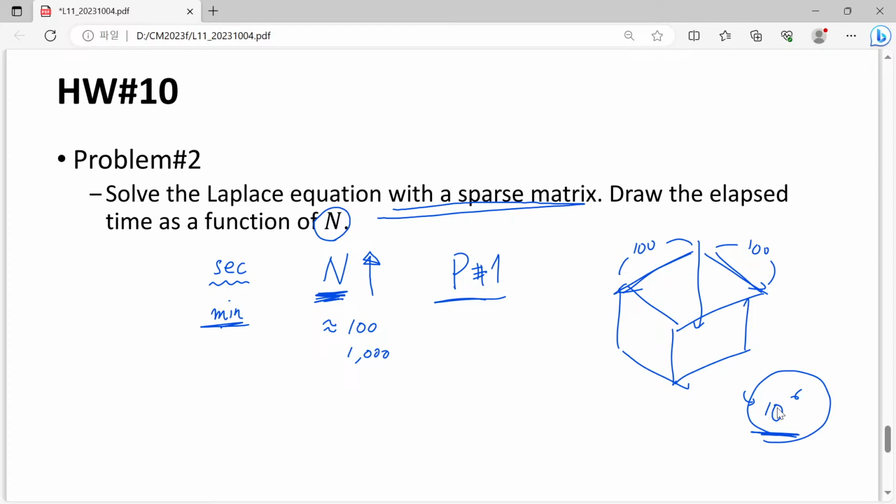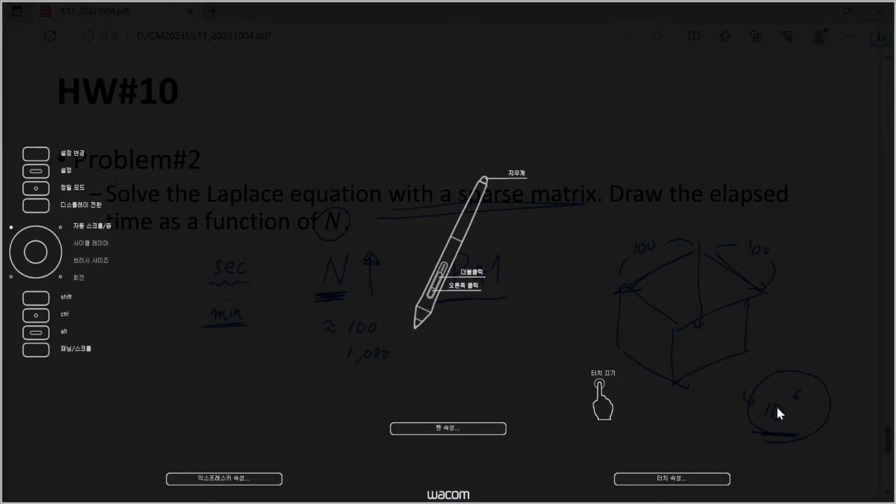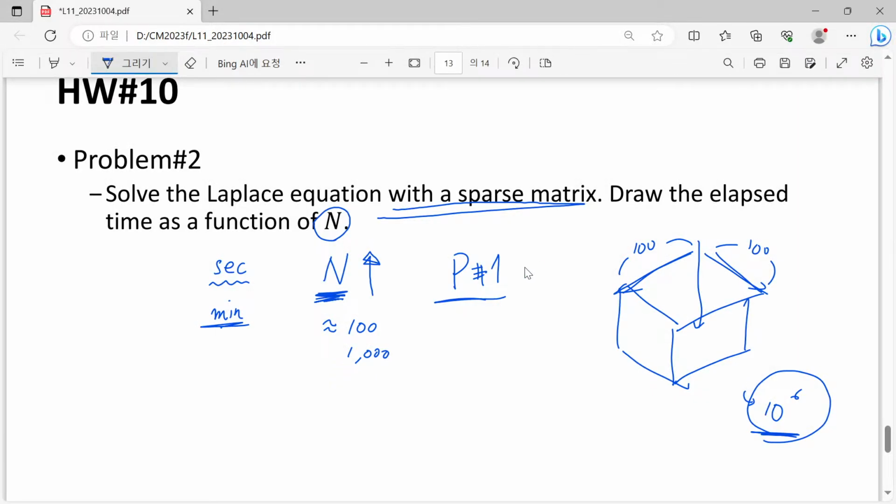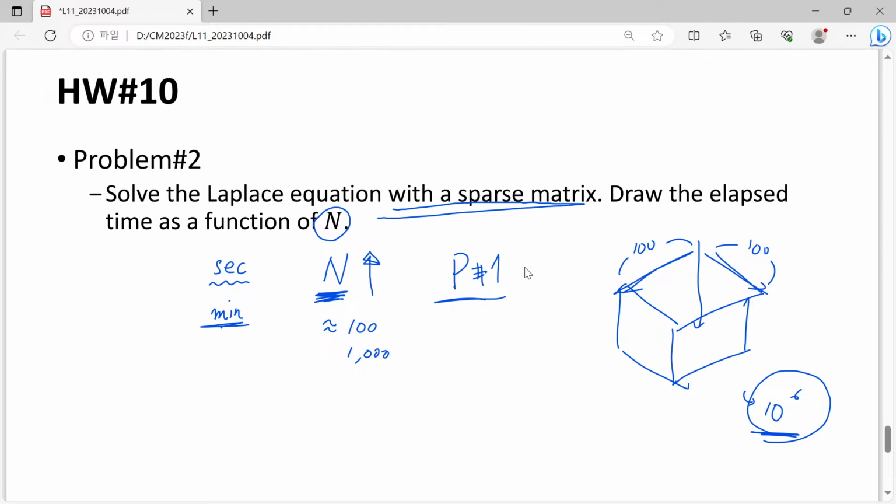We are now preparing the extension of dimensionality. We are still confined to 1D, but once you get this capability, the sparse matrix implementation, then we can expand our program to multi-dimensional cases.